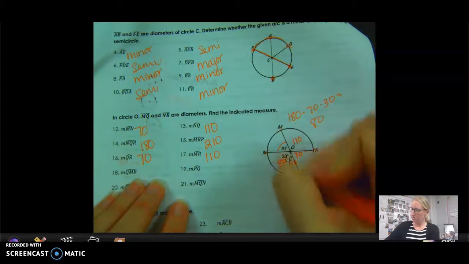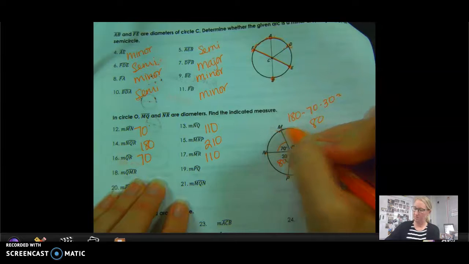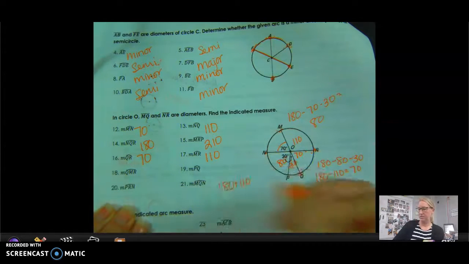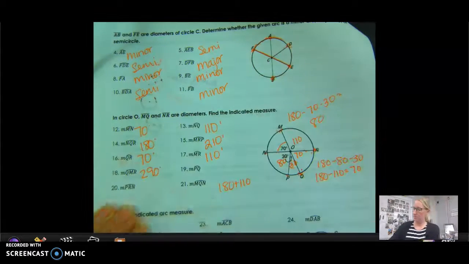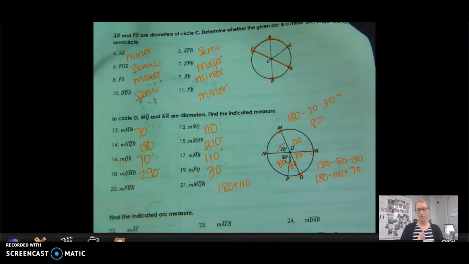Q to M to R, so major, right? So 180 to go all the way back to M plus 110, so that is 290 degrees. P to Q, this little one, is 30 degrees, that's a minor.